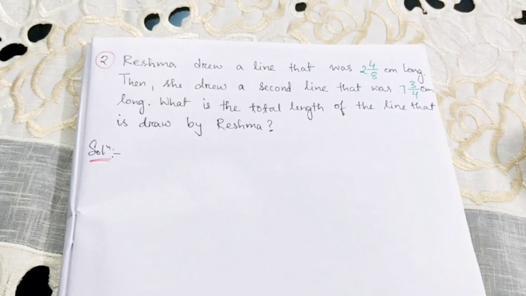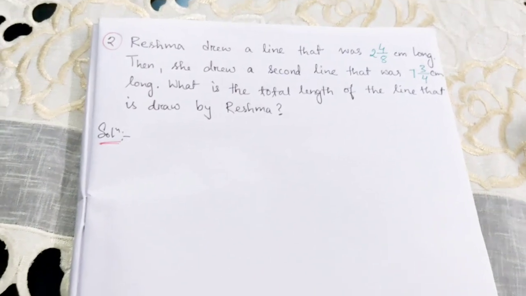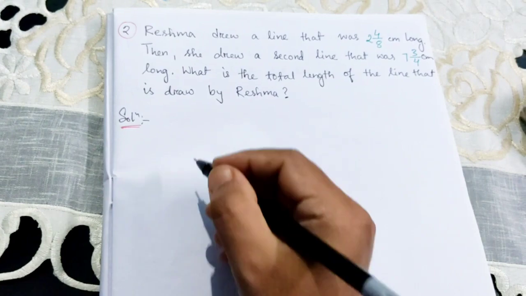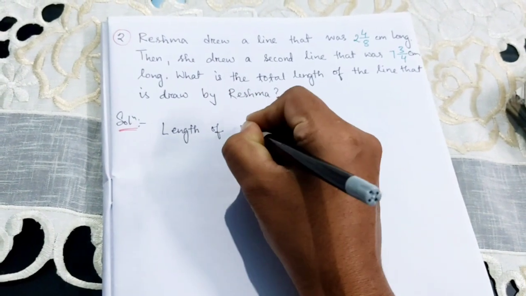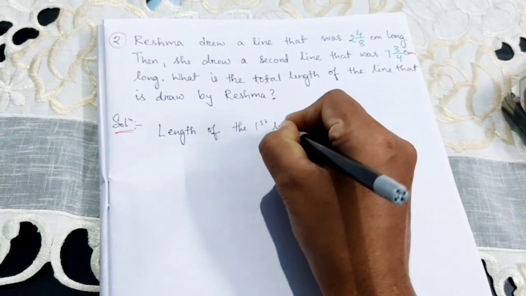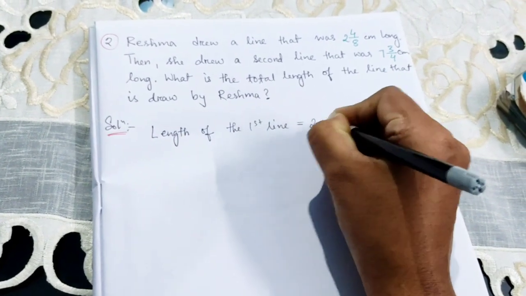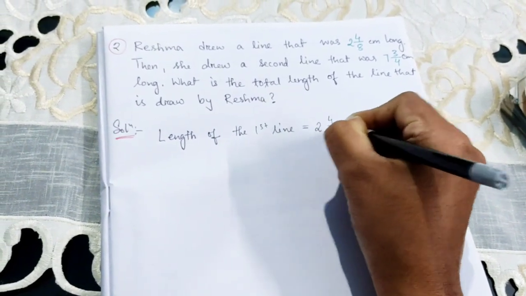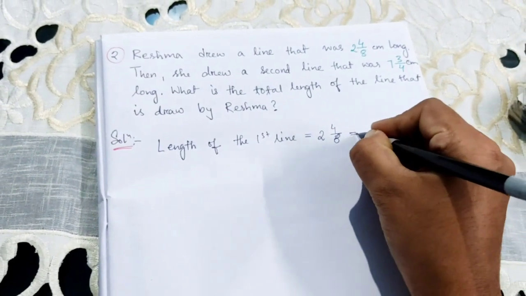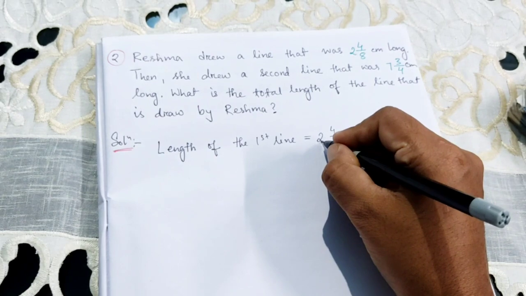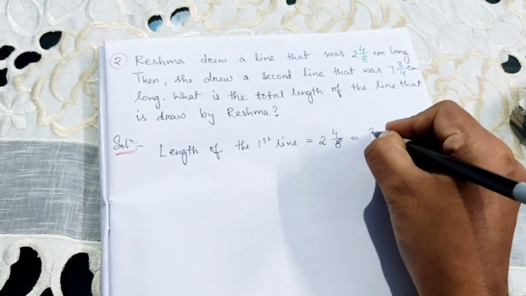So first of all, you will write the length of the first line. The length of the first line is 4 by 8. You can convert it to an improper fraction. How will you convert it? 8 times 2 is 16, 16 plus 4 is 20.